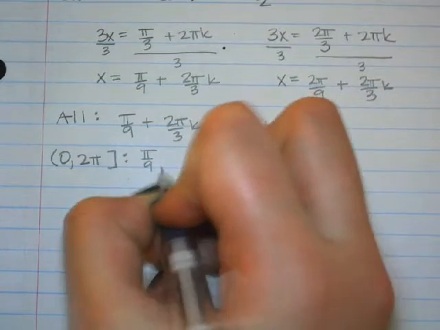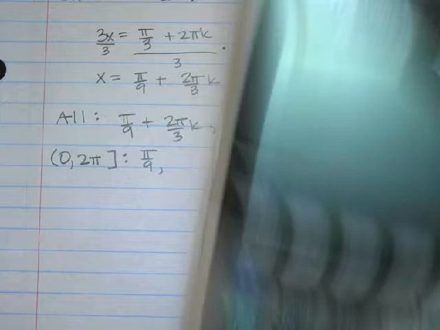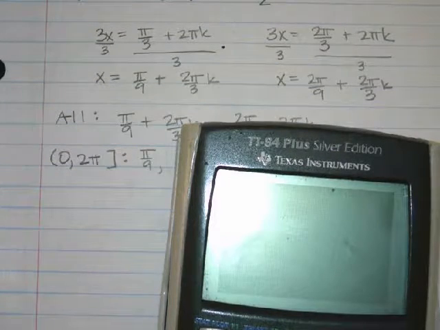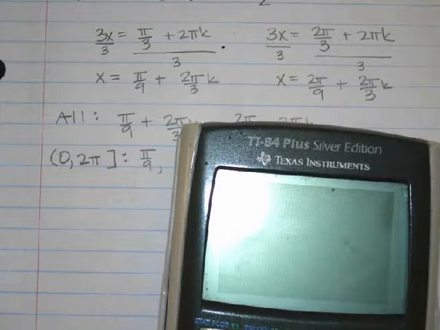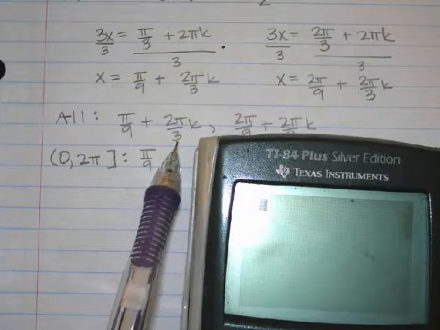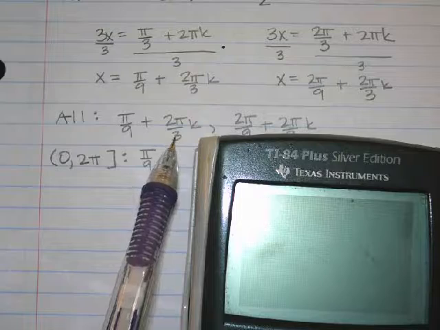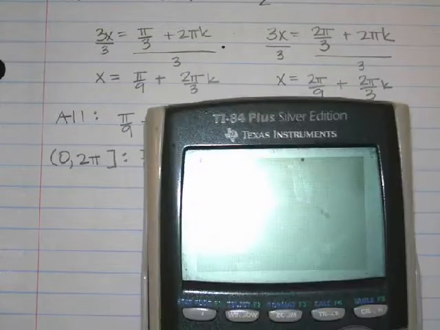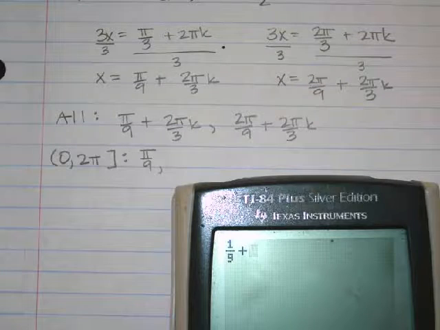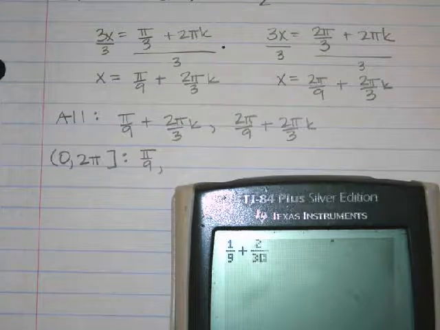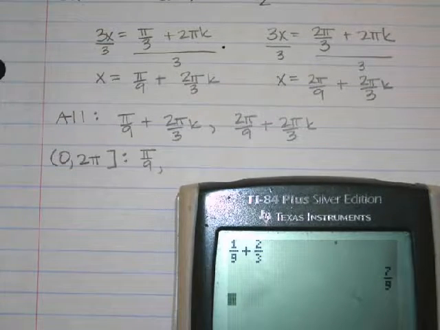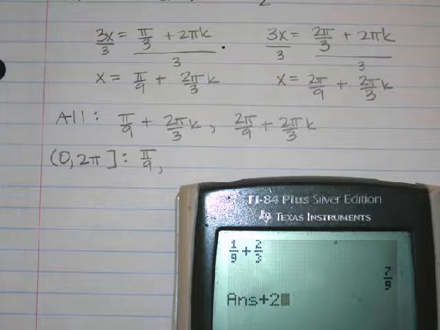So on my calculator, I'm going to type in 1/9. And I'm going to add to the 1/9 2 thirds, because the answers are going to repeat every 2 thirds of a circle. So I'm going to say, you can see it, 1/9 plus 2 thirds. 7/9, okay? And then I'll do plus another 2 thirds.